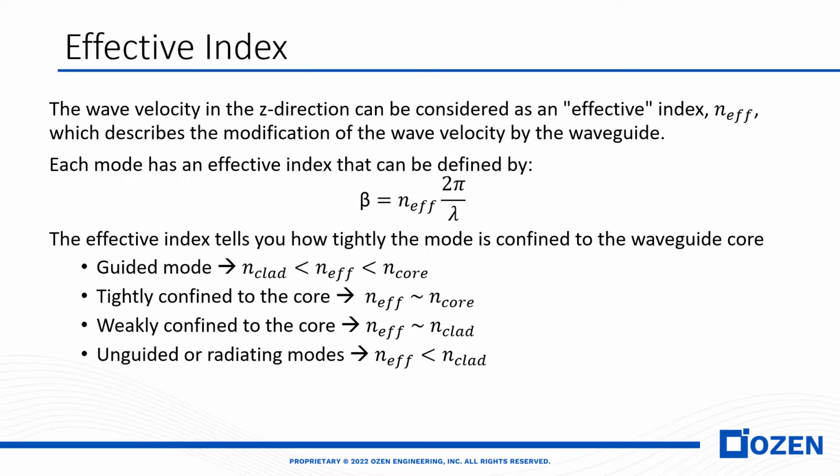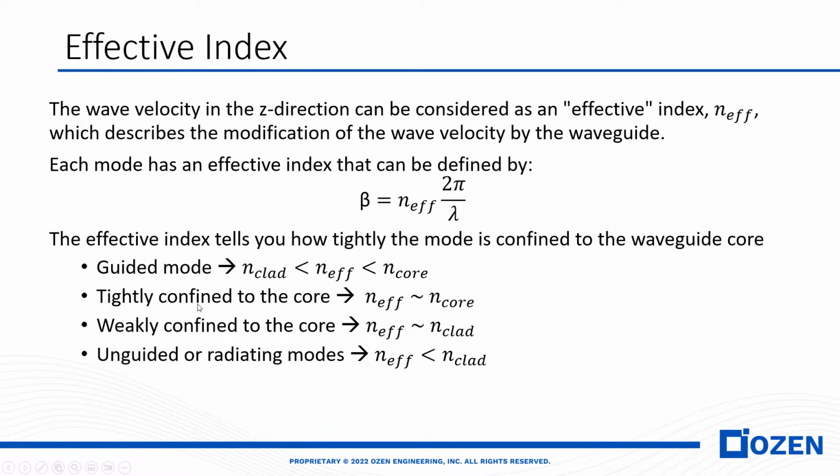Each mode has an effective index that can be defined by beta equals effective index times 2 pi over lambda. The effective index tells you how tightly the mode is confined to the waveguide core. For instance, for a guided mode, the effective index is larger than the clad index and lower than the core index.